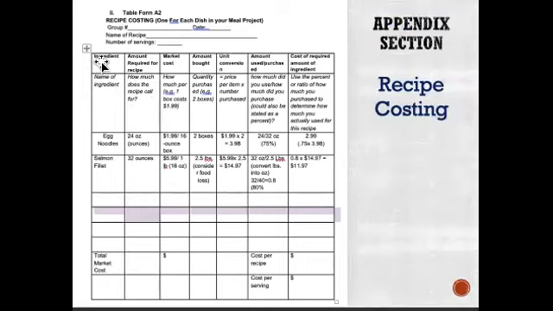In the template that is provided in your document, you'll see a second row with all the instructions of what you need to do and follow. The name of the ingredients goes in that column, then how much the recipe calls for exactly, then the market, and how much you pay for each item that you bought.